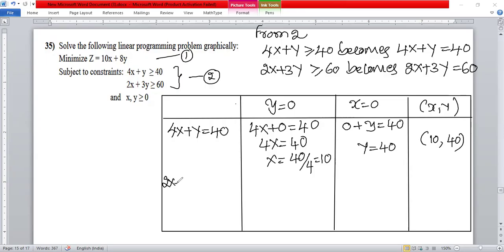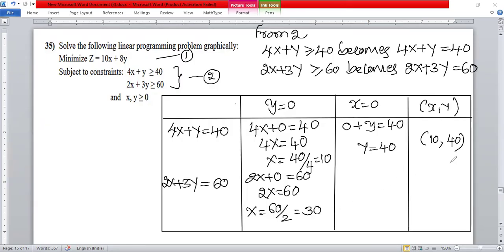Similarly, 2x plus 3y is equal to 60. But y is equal to 0, 2x plus 0 is equal to 60. So 2x is equal to 60, x is equal to 60 by 2, so 30. Similarly, 0 plus 3y is equal to 60.